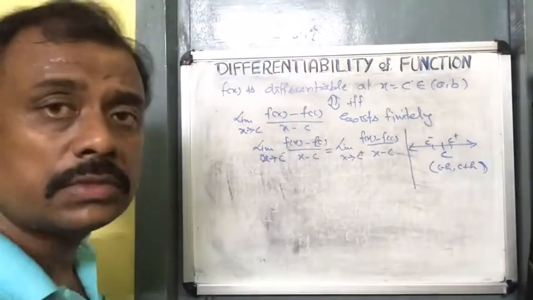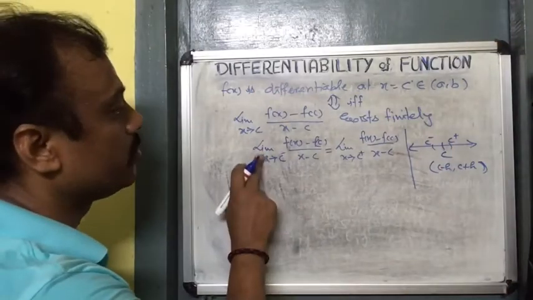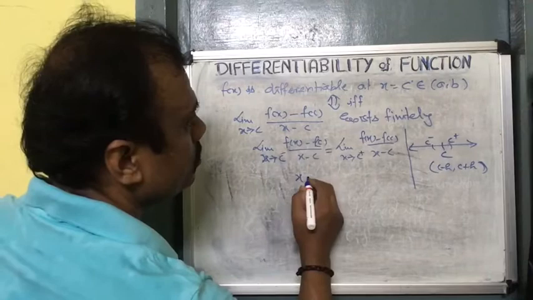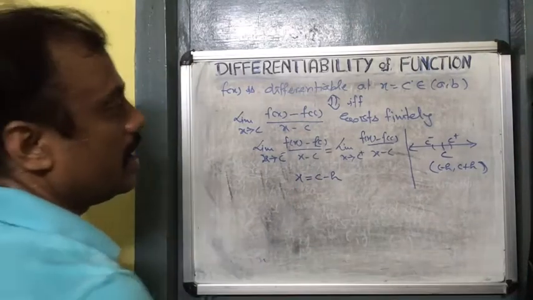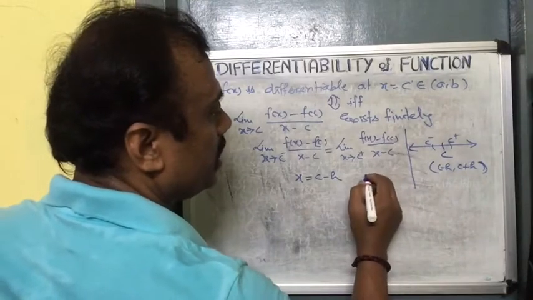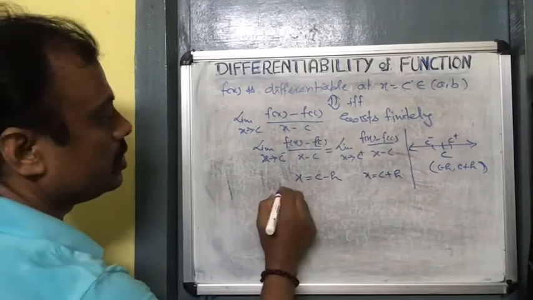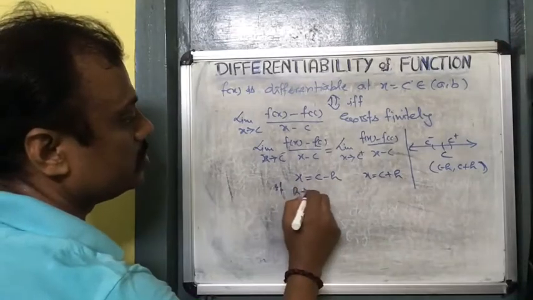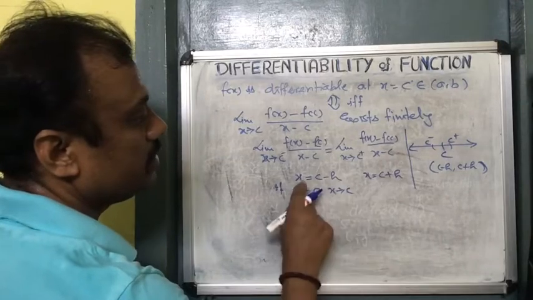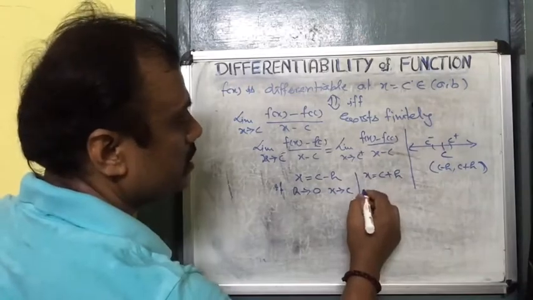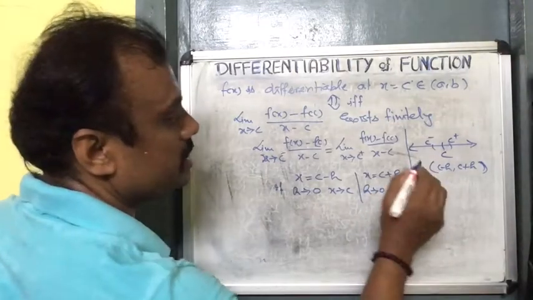Now let us simplify this one. Here I am going to take x equals c minus h, and in this part I am going to take x equals c plus h. If h tends to 0, then x tends to c. Here, similarly, h tends to 0, then x tends to c.